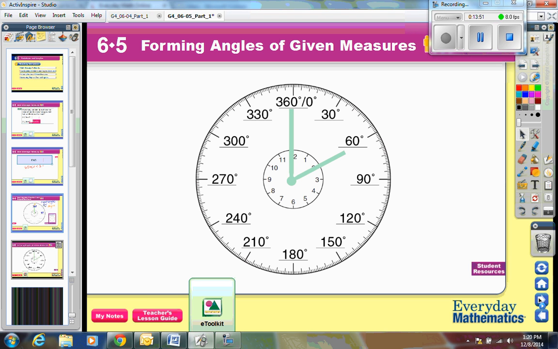Now, using this completed circle and your straw, I want you to model for me. Place both halves of your straw at the 0 degree mark. I want you to model a 120 degree angle.